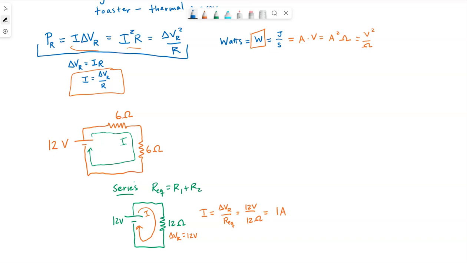So if we wanted the power dissipated in the circuit as a whole, we can simply look at this equivalent to calculate that. Whereas we'll go back and look at the power dissipated by the individual resistors as well.